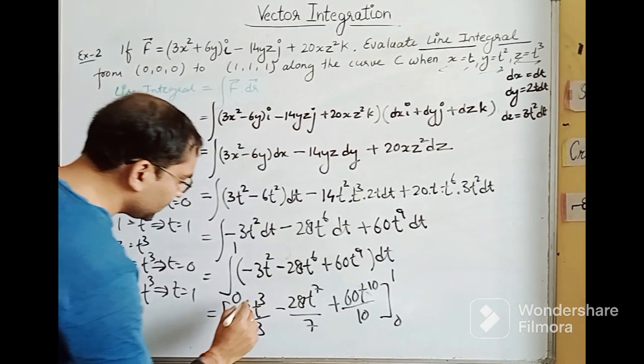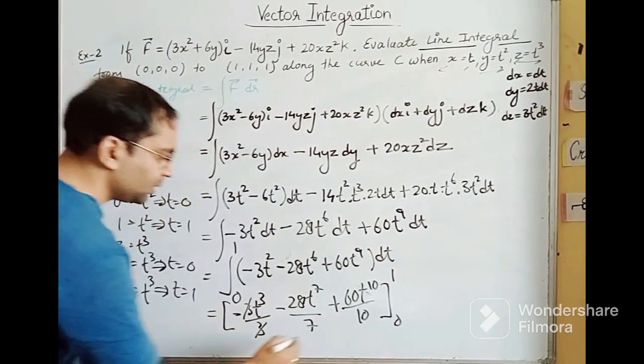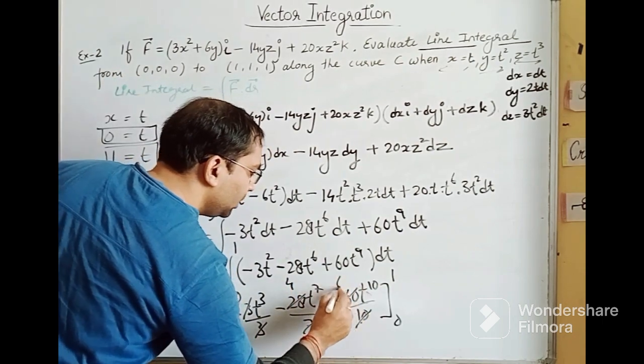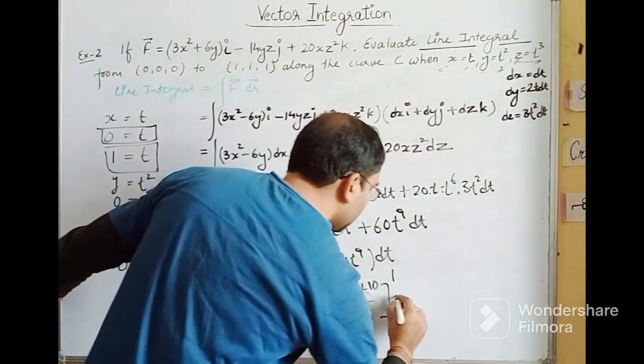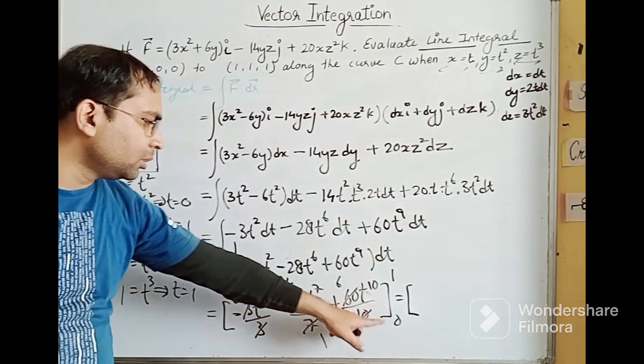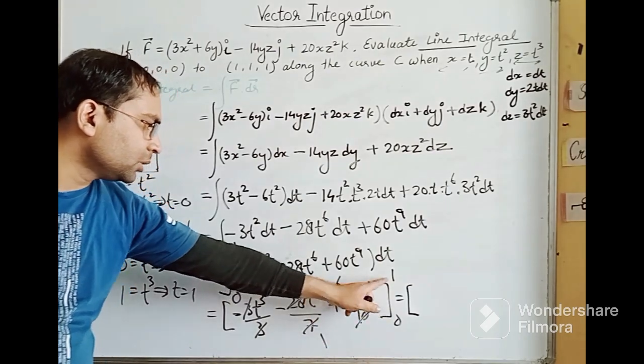So we can see here this 3 will be cancelled, 7 will cancel 28 leaving 4, and 10 will leave 6. So we'll rewrite this, and just by substituting the limits, we don't have to substitute 0, so this is 1.